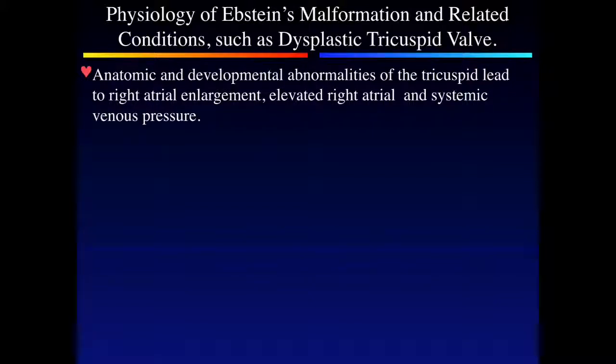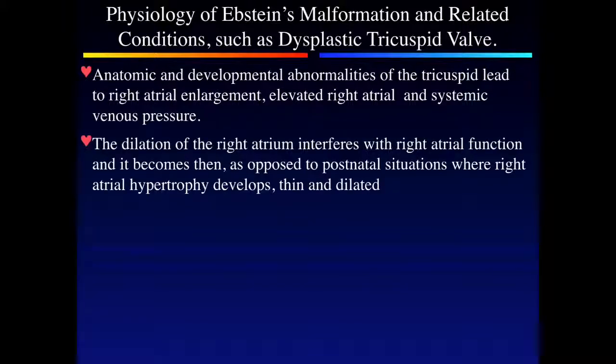And of course, the right atrium in Ebstein's malformation is morphologically abnormal. You can read a newspaper through the wall of the right atrium in some of these fetuses. It's so thin. So we know there's a morphological basis for the functional abnormalities that Dr. Cuneo mentioned in her lecture.